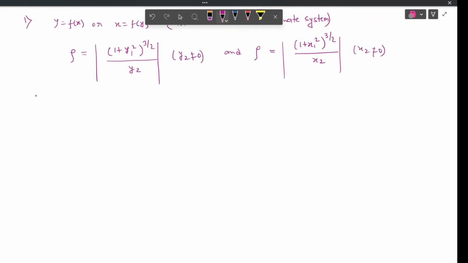Here y1 is the first derivative, that is dy by dx, y2 is the second derivative, that is d2y by dx2, x1 is the first derivative, that is dx by dy, and x2 is the second derivative, that is d2x by dy square.